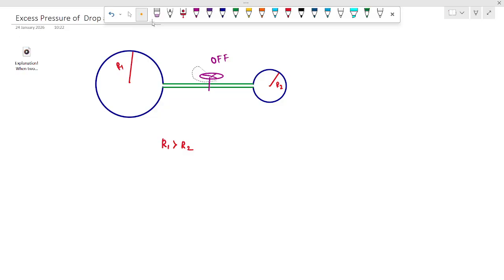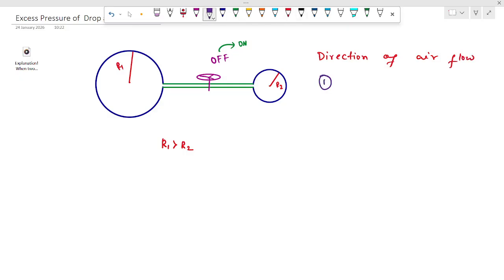Fine. Now suppose this valve is taken to on state. Okay, it is open. Now air can flow. So my question is, what is the direction of air flow? Let me give you some options.